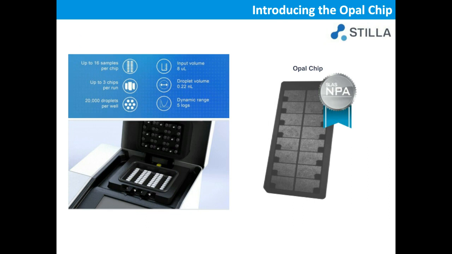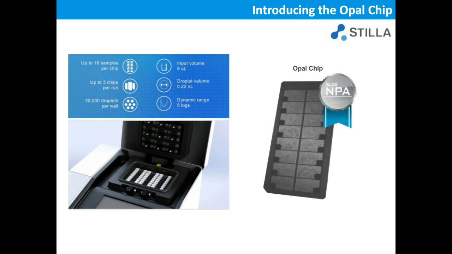And finally, I don't know if some of you were aware, but earlier this year in February, we were at the SLAS, the System Lab Automation Show in Washington, and we won the new product award for our new Opal chip. So this is a higher throughput version of our Sapphire chip, which will allow you to run 16 samples per chip.